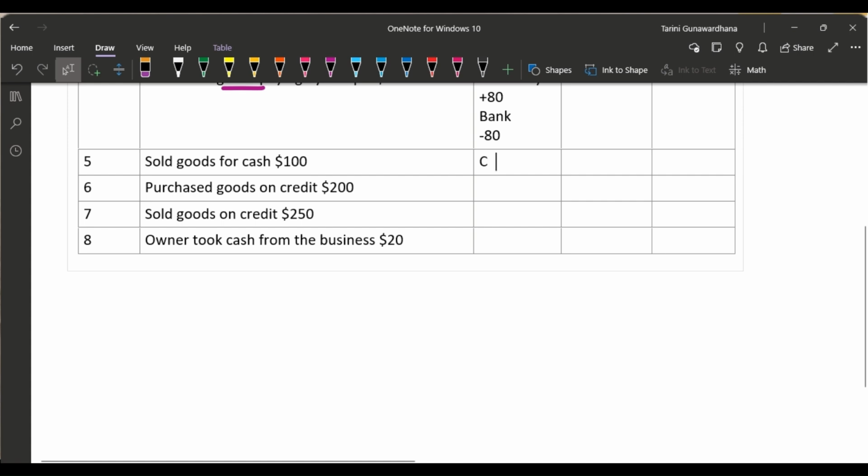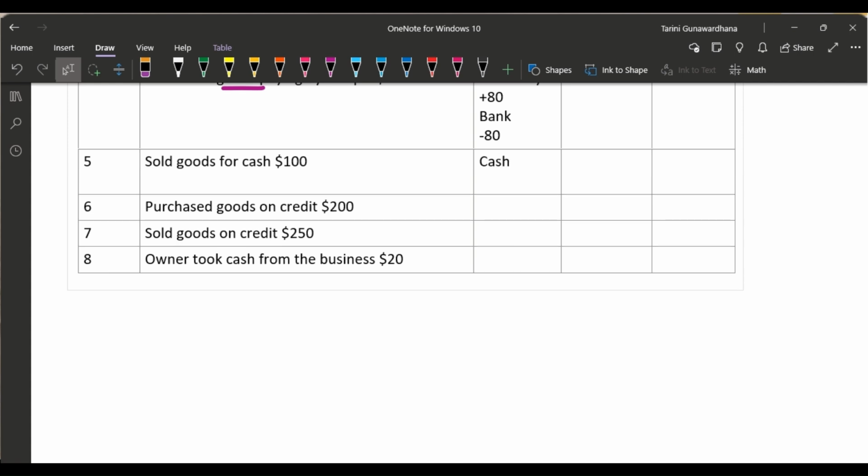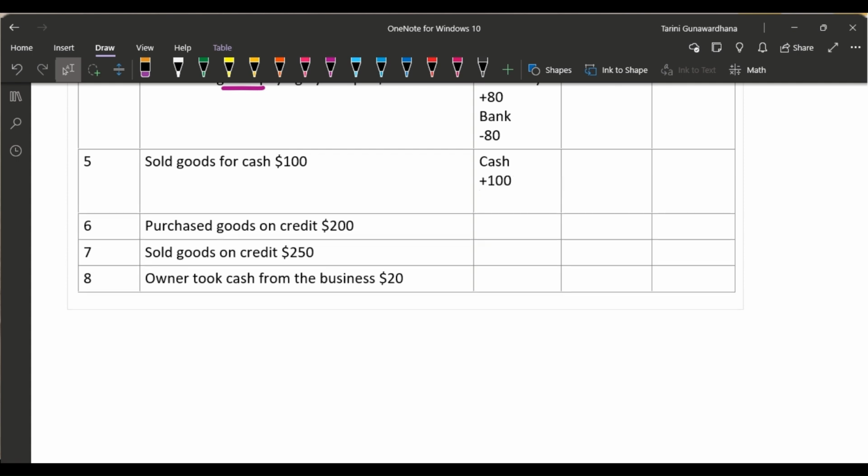So here cash plus 100. But its stock level will decline because the business is selling its goods. So that makes inventory decline.